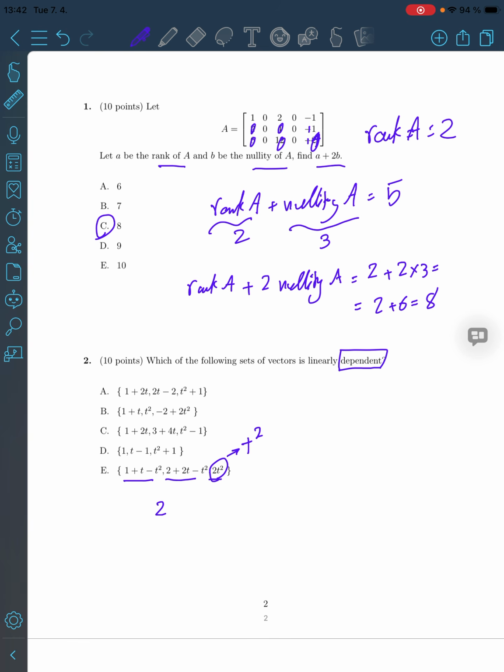Now if you add this and this term, 2 plus 2t minus t squared, and then minus 2t squared, which is this term, what you get is 1 plus t minus t squared, which is exactly the first term. Therefore, as you see, the first term is basically a linear combination of the second and third terms. Therefore, E is going to be your solution.